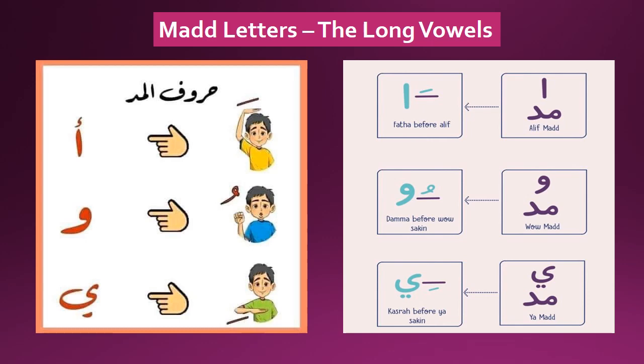So technically, a mad is equal to 2 harkat, be it fatha, kasra, or dhamma. Long vowel sounds are represented by the letters alif, waw, ya, preceded by a short vowel.